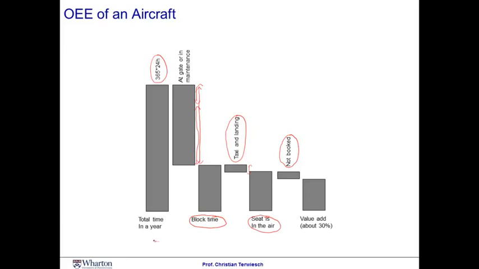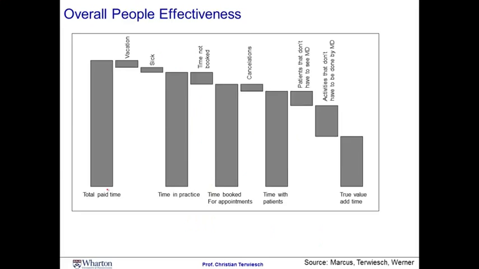If you combine all of these effects together and you compute the OEE of the aircraft seat, you typically get a number that is around 30%. You might think that that number is low, but I can assure you it's dramatically higher than where it was some 10 years ago.